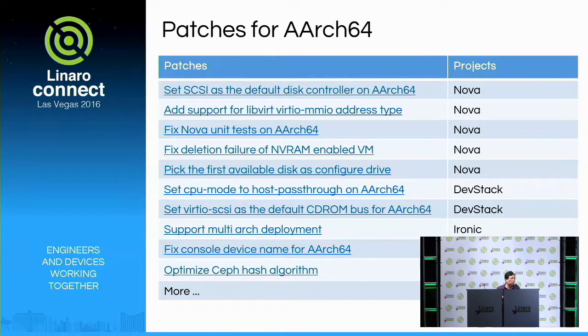If you want to use Ironic to deploy other architectures such as Aarch64, you need to change the configurations and restart the service. But after you change these configurations, the Ironic service can only deploy Aarch64 nodes. So this is very inflexible.